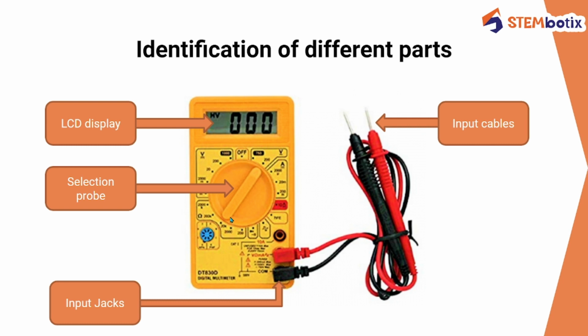And here in the bottom part, these are the input jacks. One is for voltage, current and resistance, and the other is the common terminal. Here your input cables are connected, and the other end will connect to the circuit whichever quantity you are going to measure.